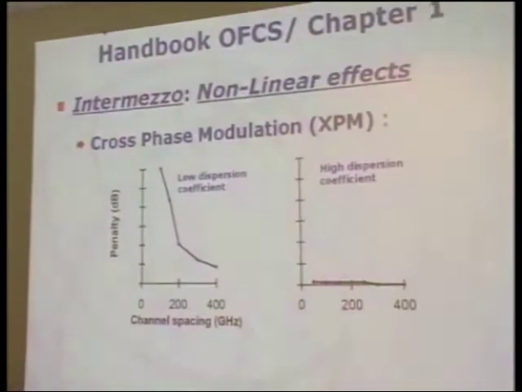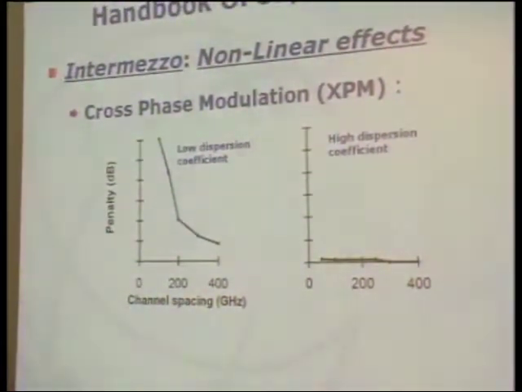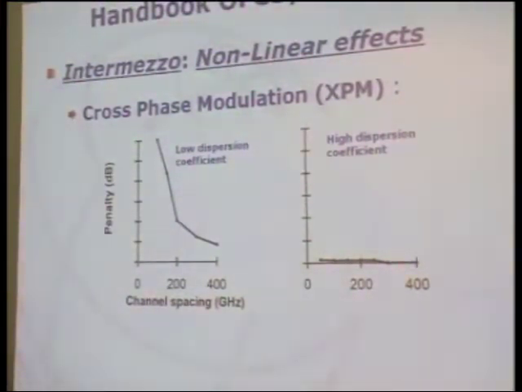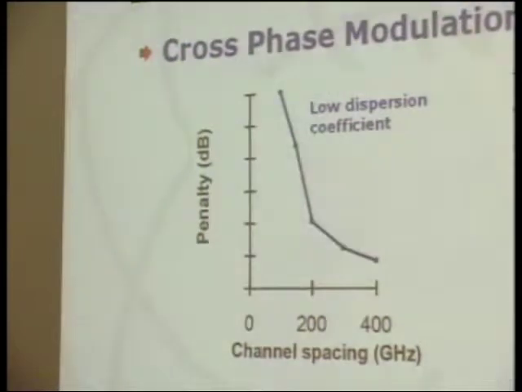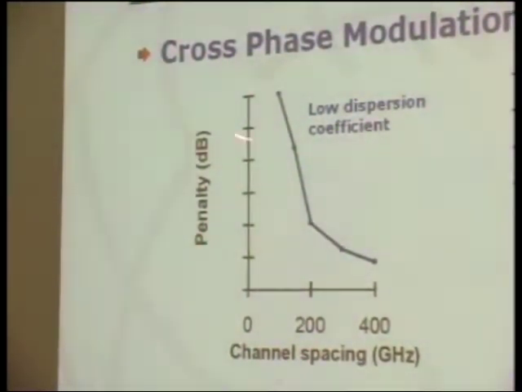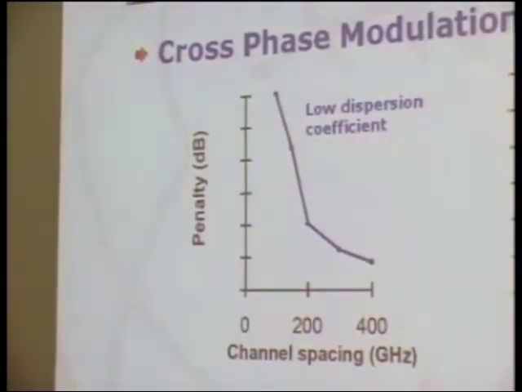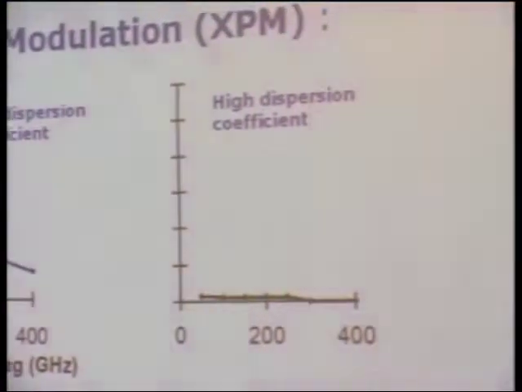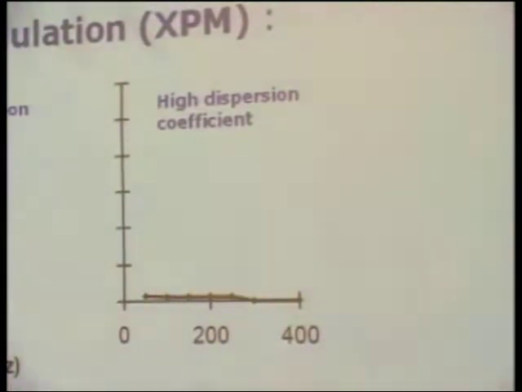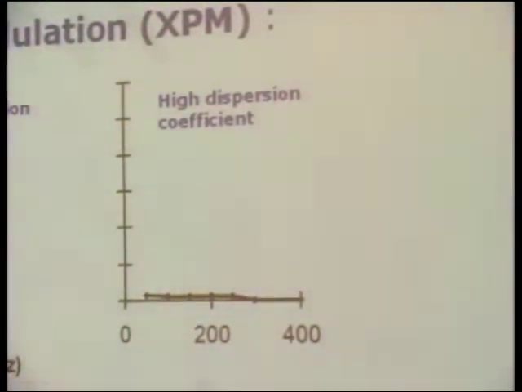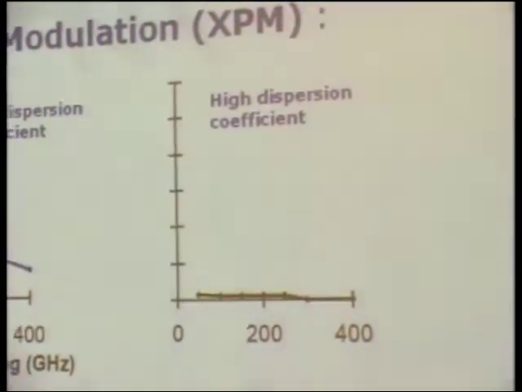So let me explain this a little bit. You see here the effect of cross-phase modulation in two situations. On the left side you see the penalty, the noise level, created in a fiber with low dispersion. And on the right-hand side you see the same, but now in a fiber with high dispersion. So far we have learned that dispersion is not a nice thing to have because it broadens the pulses, so in general you like to reduce dispersion.